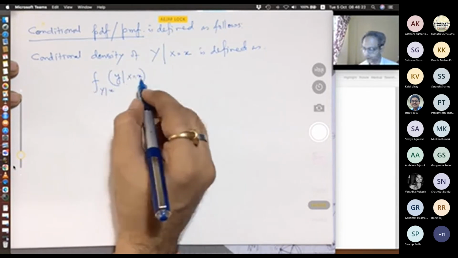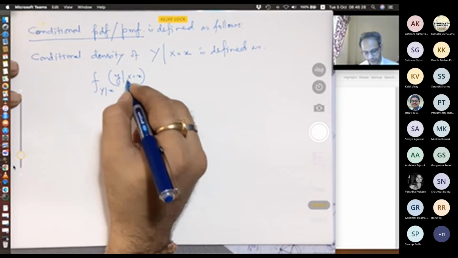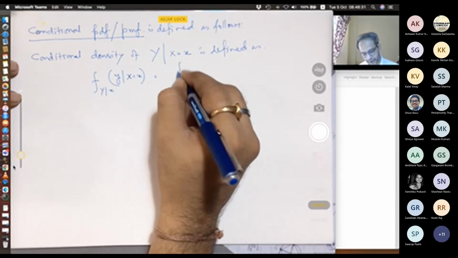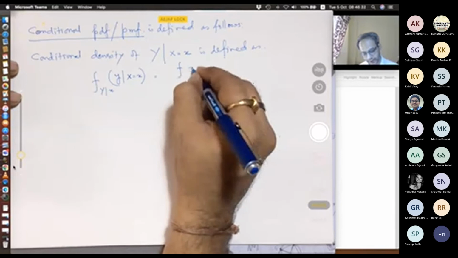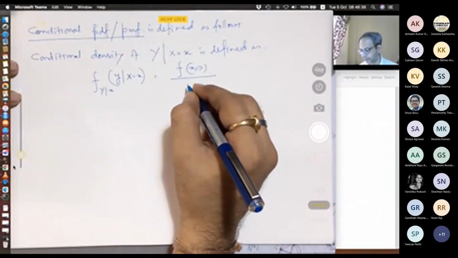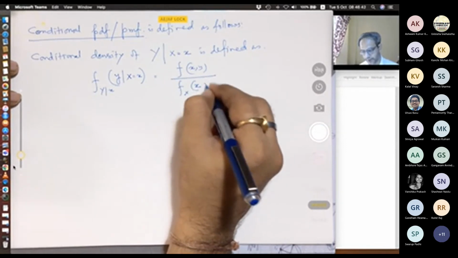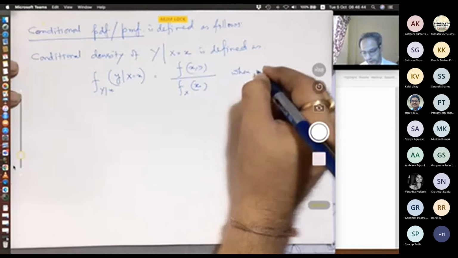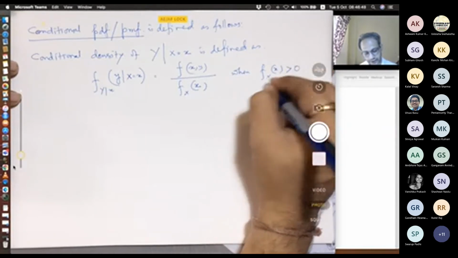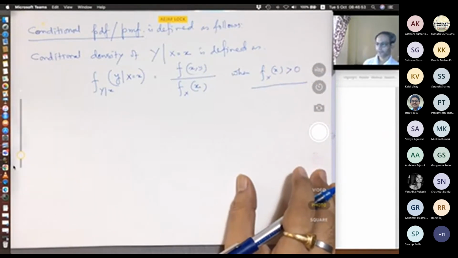Sometimes it is written only small x, sometimes written x equals small x, so they all mean the same thing. It is the joint density f of x,y, or joint PMF, divided by the marginal of x, when the marginal of x is strictly greater than 0. This is the definition.